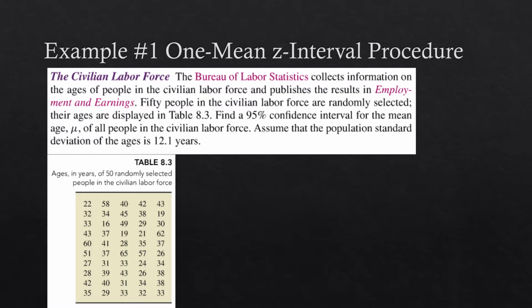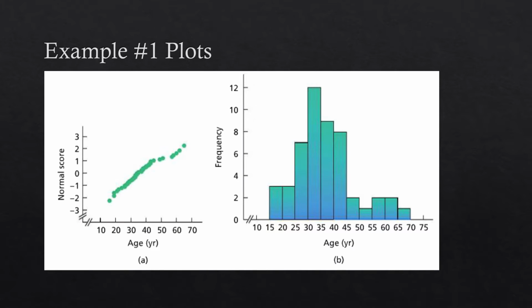If you look at the next slide, here's the histogram and the normality plot. As you can see by the normal scores, one, it's generally normally distributed, and two, there aren't really any outliers. If you do the box and whisker plot, which is given to you on page 314 in your book, you're going to think there are two major outliers.